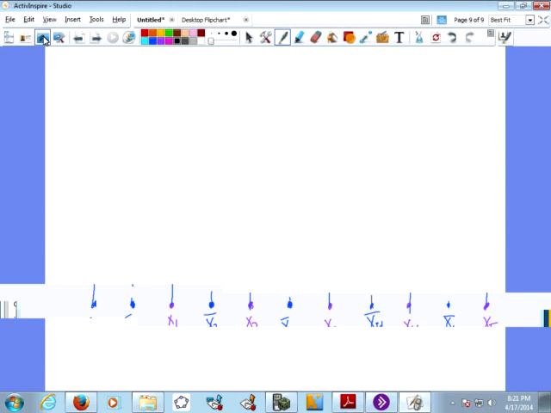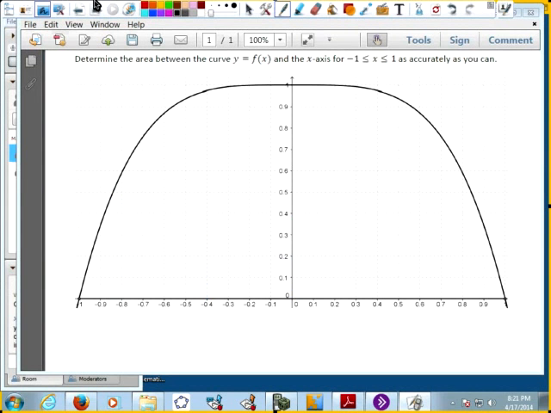So take those 5 subintervals, and what that looked like was we had some height in there. It doesn't really matter where we take it. In fact, let's go back and look at it. We'll take this endpoint over here.